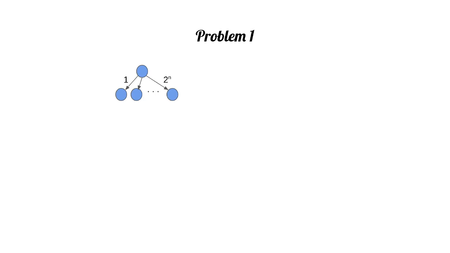Now each node in level 1 calls more procedures with the argument n minus 2. And how many of them? So actually it calls 2 to power n minus 1 functions.